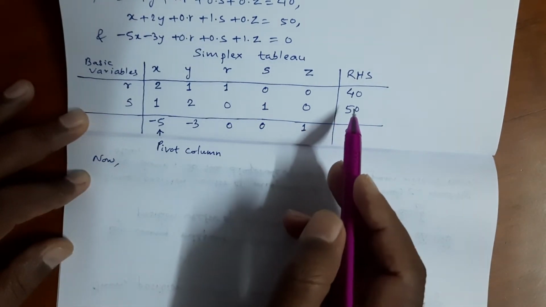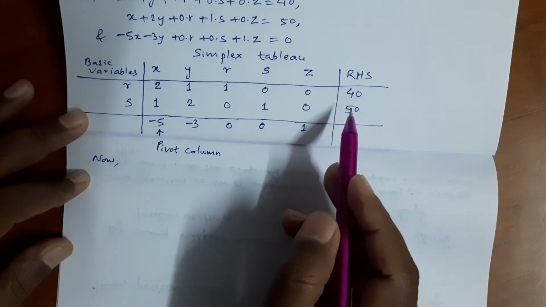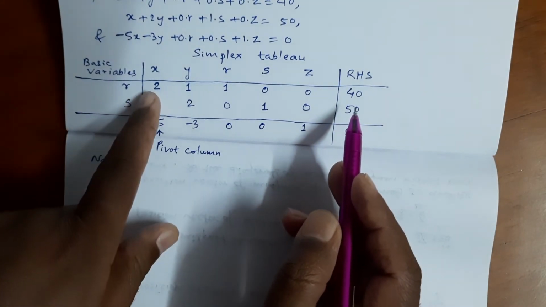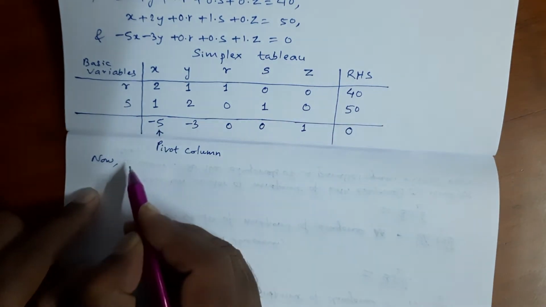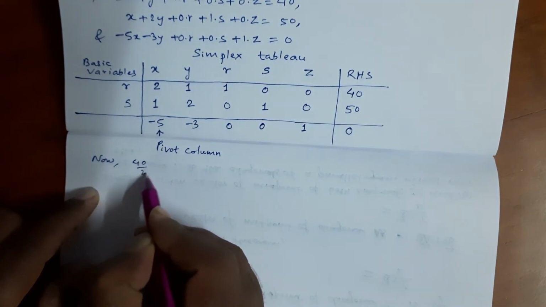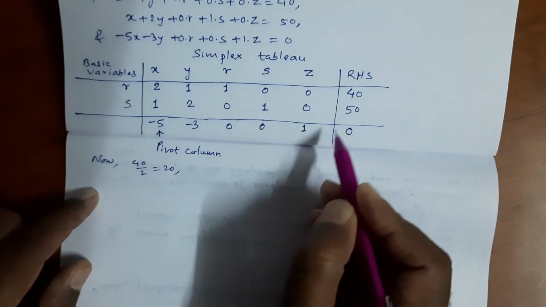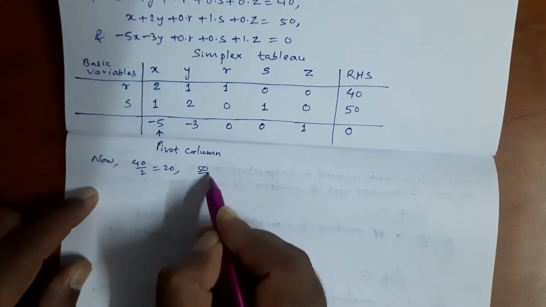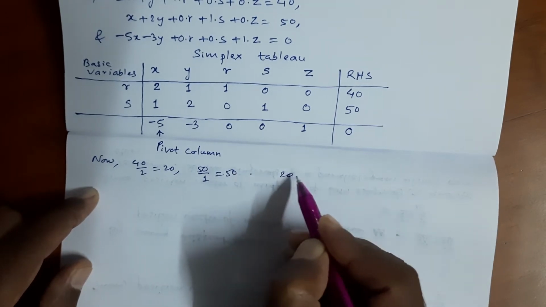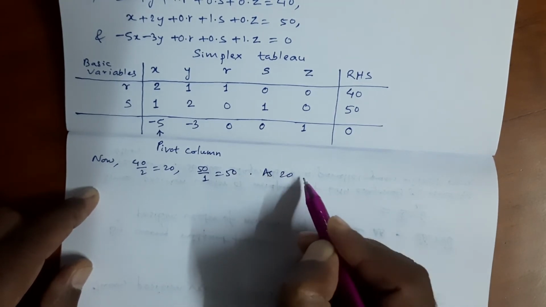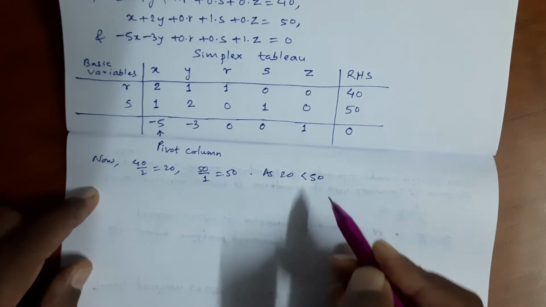Now we will take the ratio of the constants to the elements in the pivot column. So 40 over 2 equals 20, and 50 over 1 equals 50, and 20 is lesser than 50.